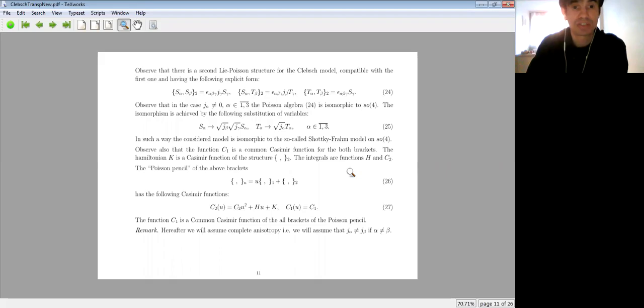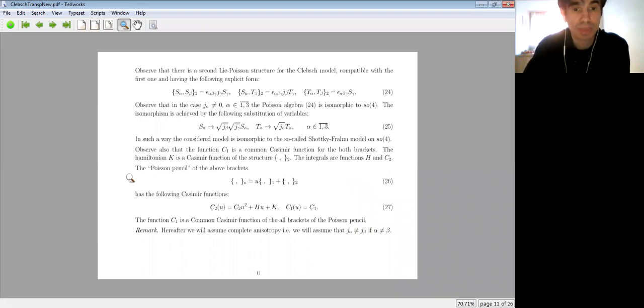We observe that the function C1 is a common Casimir for both brackets, and the integral K is a Casimir function of the second bracket. For the second bracket, the integrals are the function H and C2.